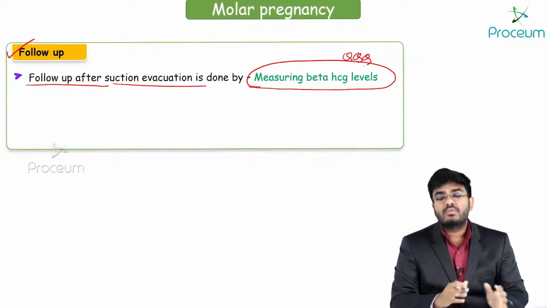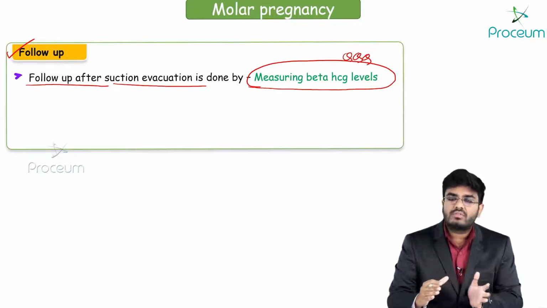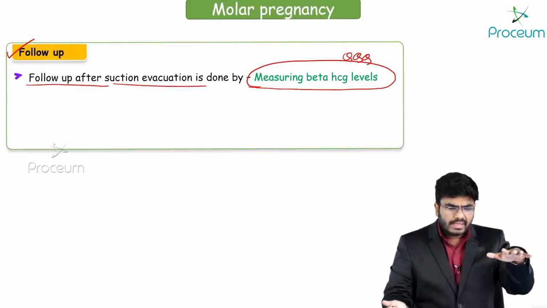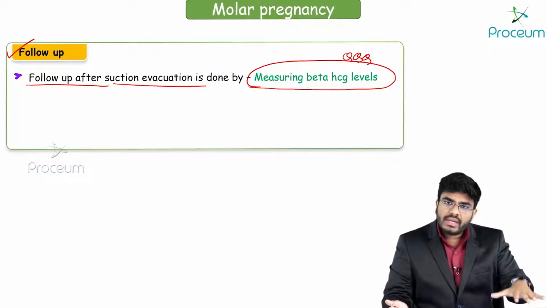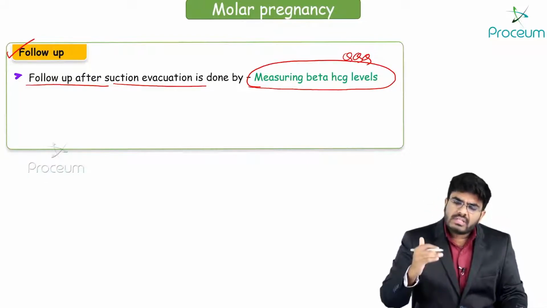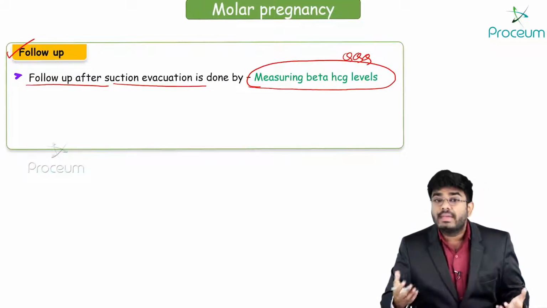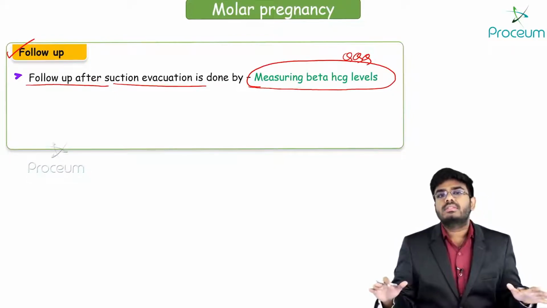If everything is all right, if you have done the suction evacuation properly and taken out the entire trophoblastic tissue, what actually happens? Beta HCG levels should be gradually falling down, day by day. That's something normal; everything is getting settled.